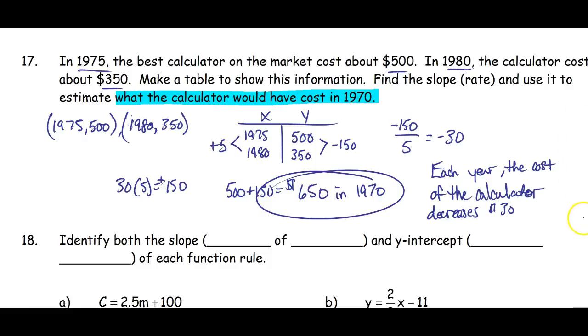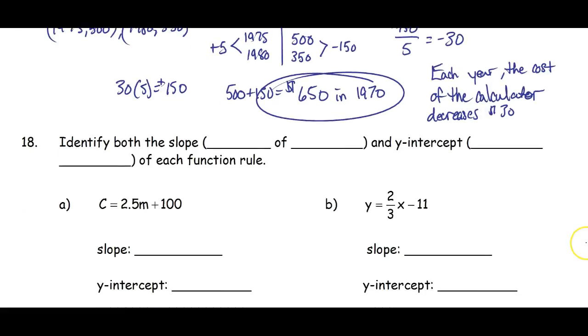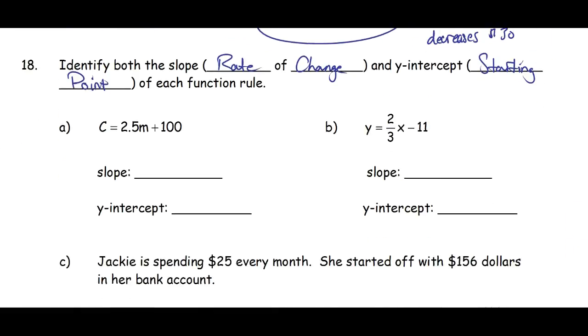Okay, so number 18. Identify both the slope or the rate of change and the y-intercept or the starting point. All right, number A, the slope is always your number attached to the variable.